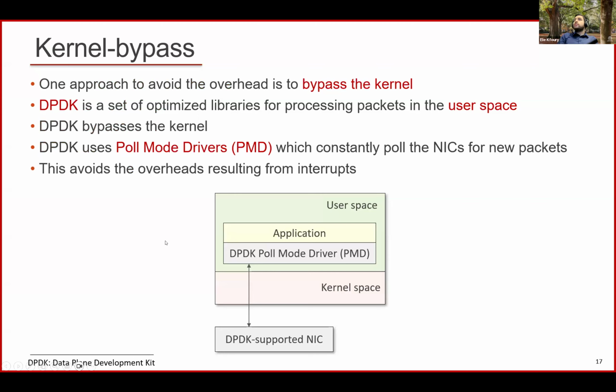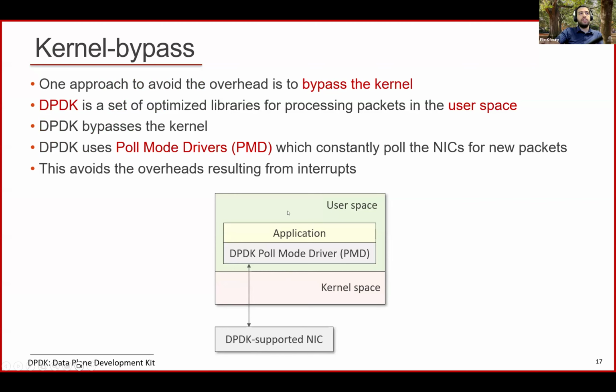So how can we solve that? One approach, and there are other approaches as well, but one of the more common approaches to solve these overheads is to bypass the kernel. So what is the idea here? We would have a network interface card that supports DPDK. DPDK stands for Data Plane Development Kit. And the idea here is to bypass the kernel space by having the packets being pulled to the application directly.